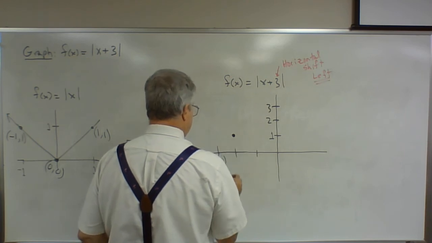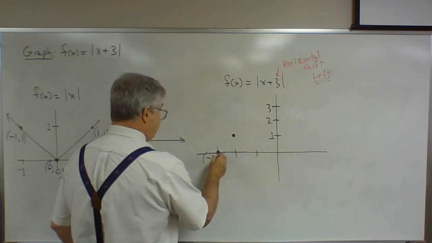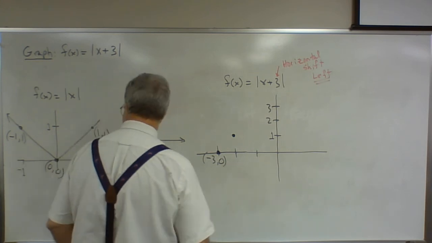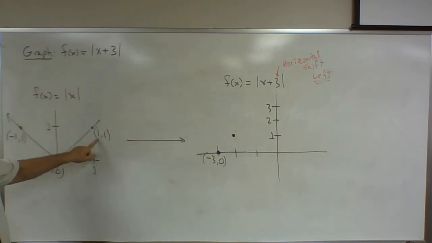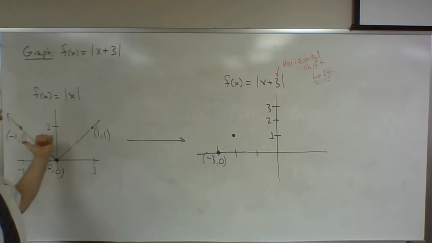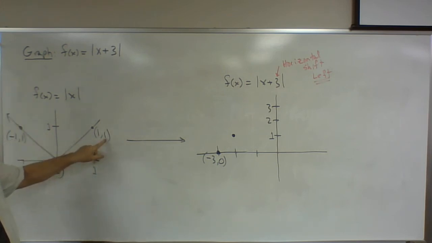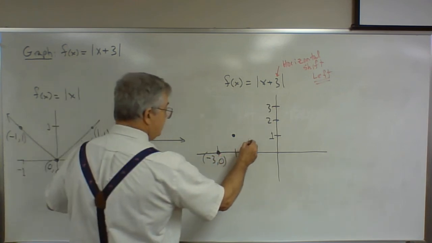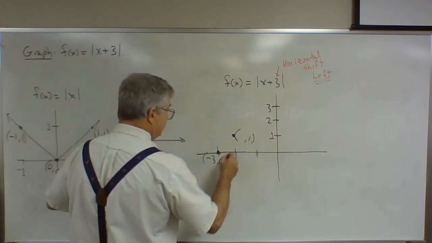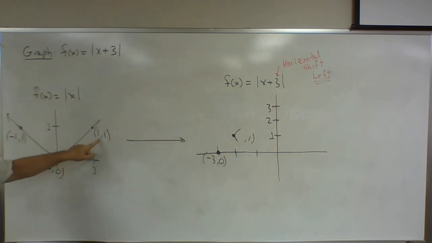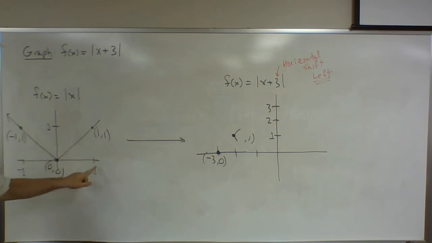So let's see. We have the vertex right here. We take this point, 1, 1, move it 3 units to the left. So the y-coordinate stays the same. But the x-coordinate, we start at x equal 1 and we go 3 units to the left.